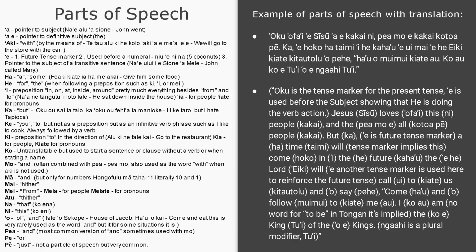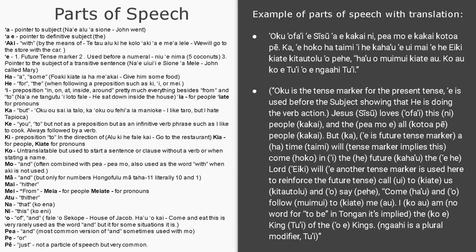He is for or the when following prepositions such as ki, e, or me. So when it's following a preposition, he is a the in a prepositional phrase, and if it's not following a preposition, it usually means for, and we'll talk about that a little bit later. We have e, which is a preposition that translates loosely to in, at, or around, inside, and pretty much everything besides from or to.